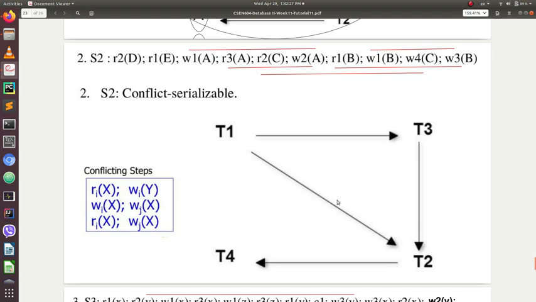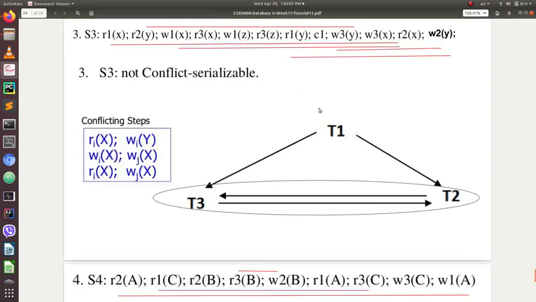So this triangle, represented by these 3 edges, is not a cycle. So again, don't be deceived easily. Look carefully for the directions of the edges. So this graph contains no cycles, so it is a conflict serializable schedule, and it can be executed and it will cause no problems at all.